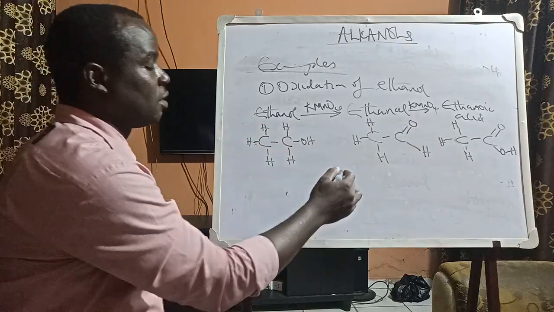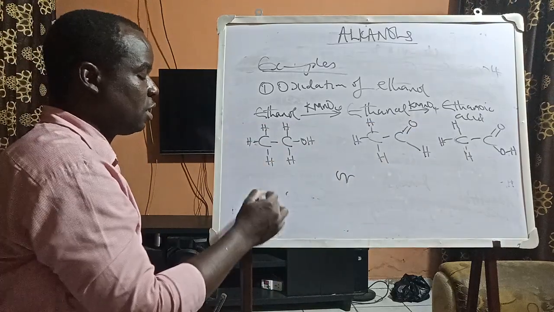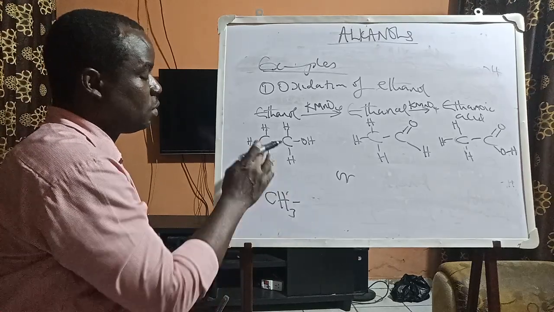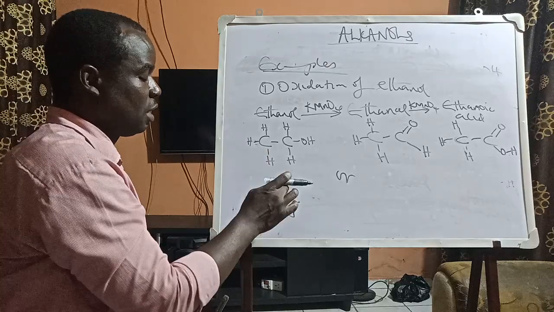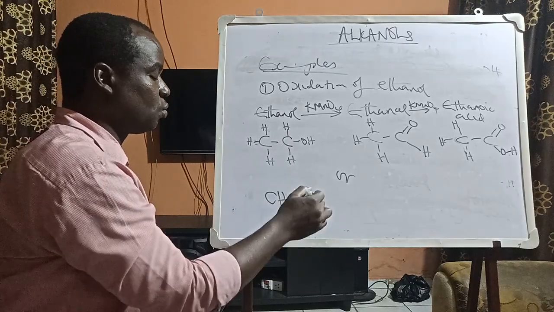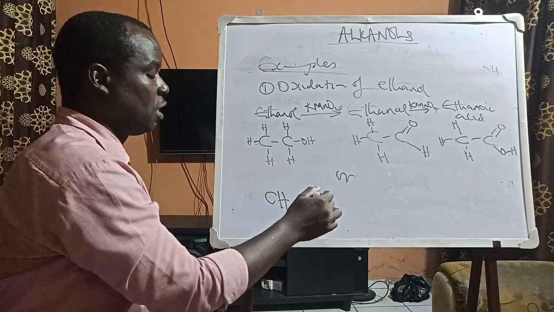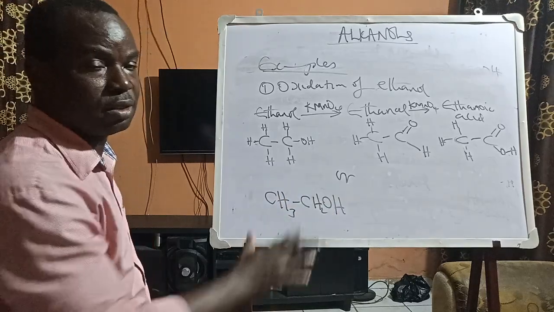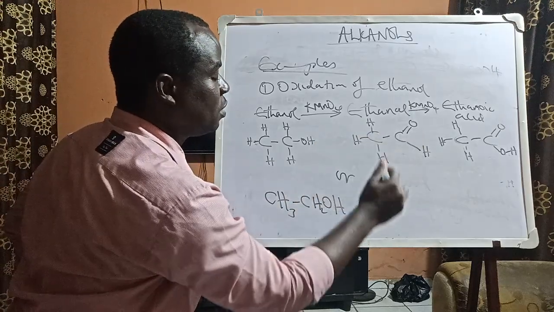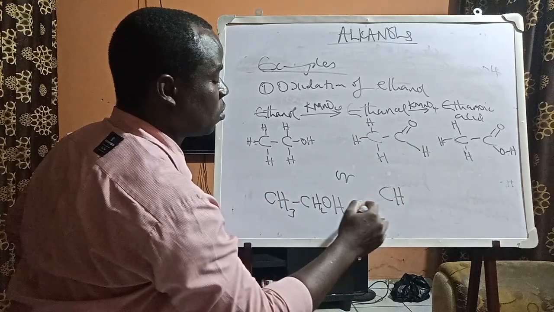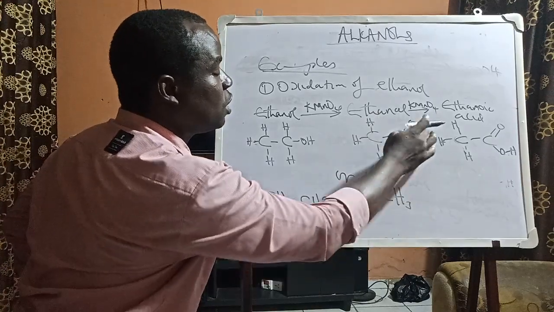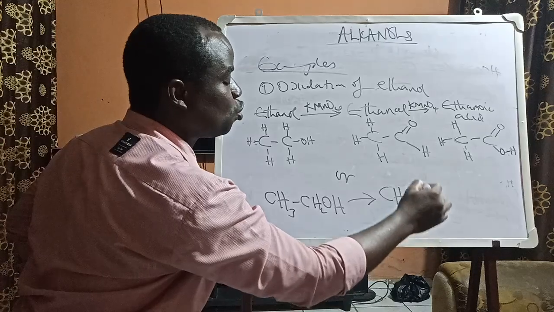If you want to summarize it now, we have CH3, single C with 3 hydrogen atoms, then single bond CH2, then OH. That is ethanol. Ethanal will now be CH3, then this one will now be CHO. You write it as CHO.